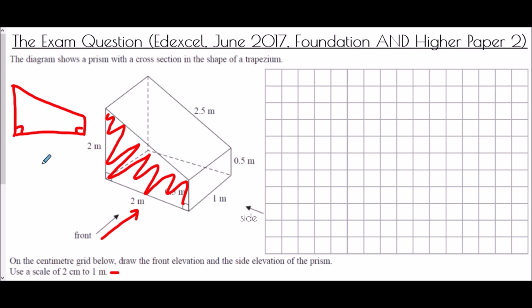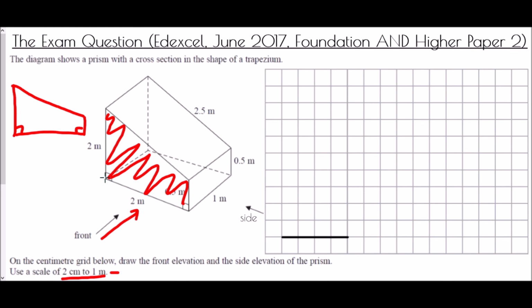We have a trapezium, and the key here is that this is 2 meters across. Okay, so that's where I'm going to begin. I'm going to begin with my 2 meters across, but it is 2 centimeters to 1 meter. So the first thing I'm going to do, 2 centimeters for every meter. Well, there's 1 meter. There's 2 meters. It's going to be 4 squares across.